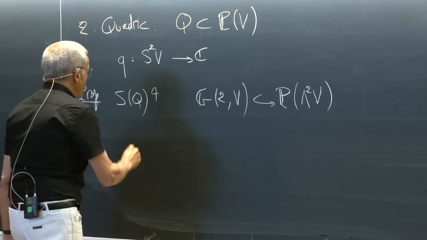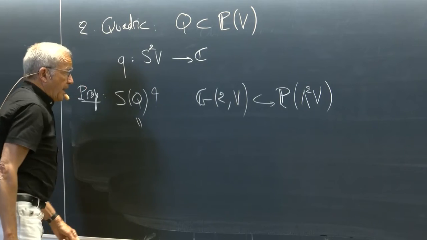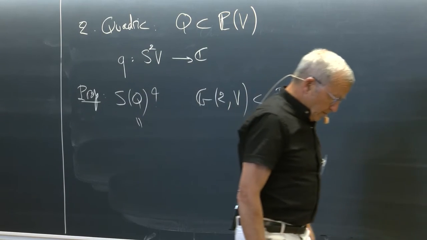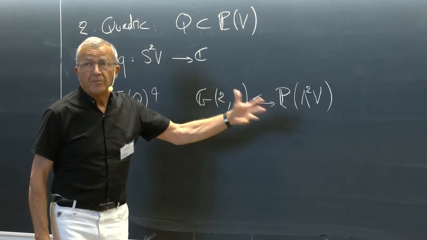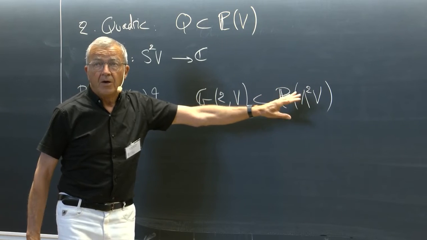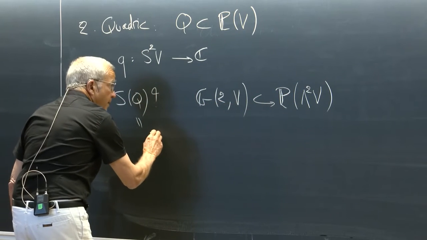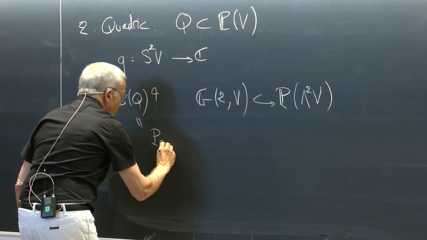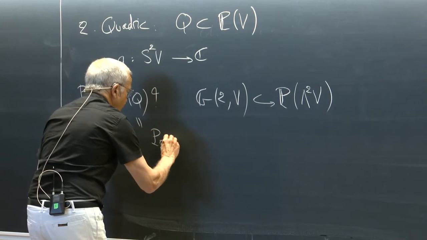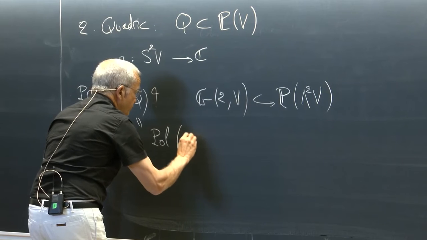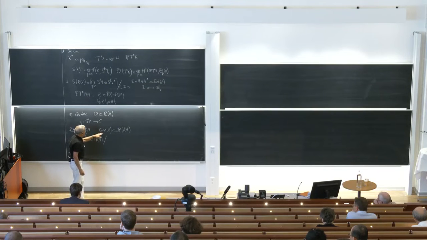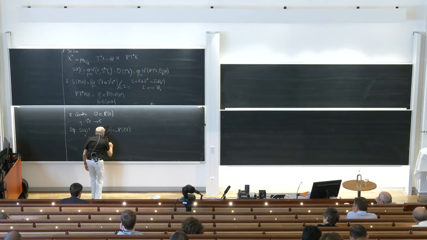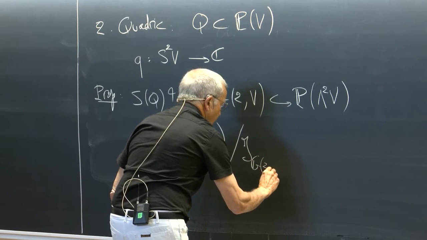And then S of Q, the answer is, you get the symmetric algebra of, if you prefer, the algebra of polynomials on wedge 2V. So maybe I will write this like this, polynomials or symmetric algebra of the dual, polynomials on wedge 2V, mod something. Something is the ideal of the Grassmannian, I G2V.